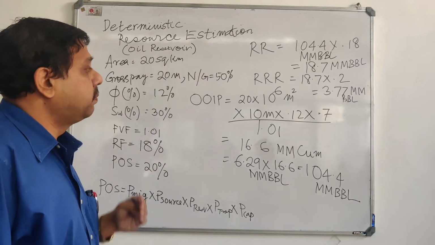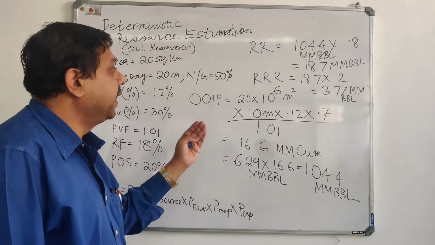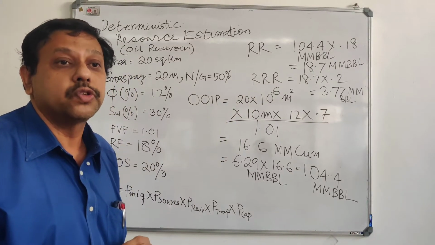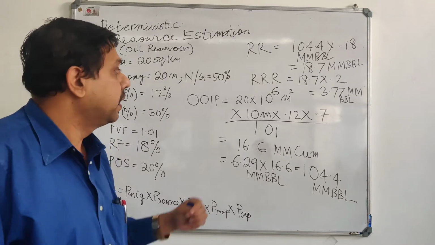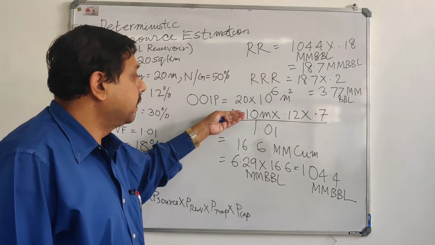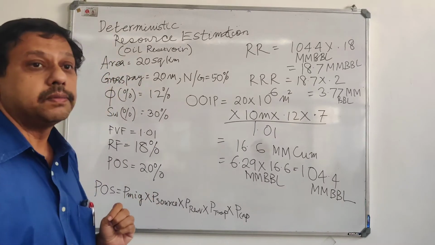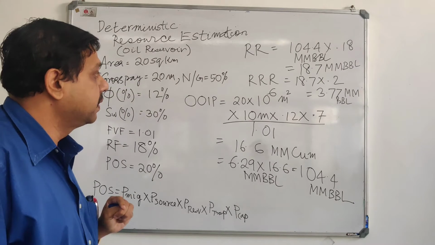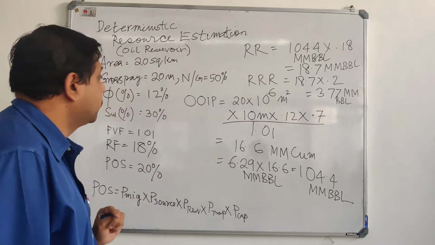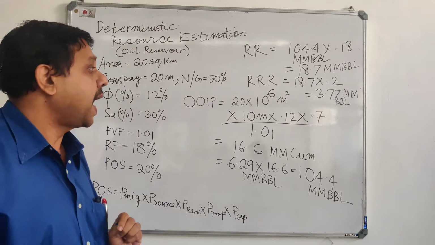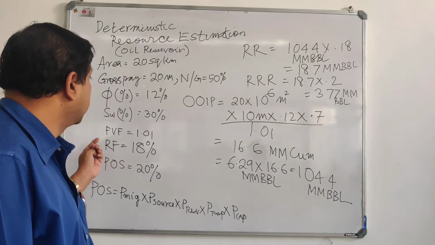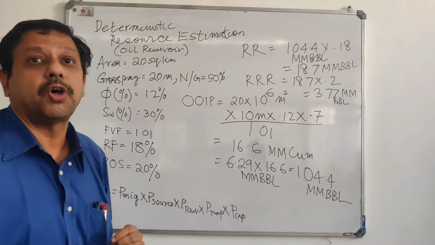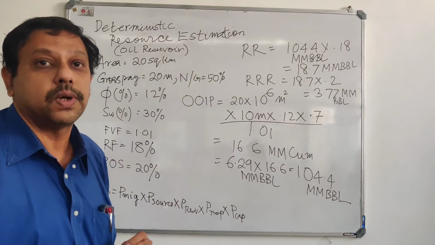The original oil in place in this case is 20 into 10 to the power 6 meter square because it was in square kilometer. The pay, which is the net pay, is 10 meter, calculated from the gross pay with the help of net to gross. The porosity is 0.12 and the hydrocarbon saturation, which is 1 minus Sw, is 0.7, divided by the formation volume factor, which is 1.01.